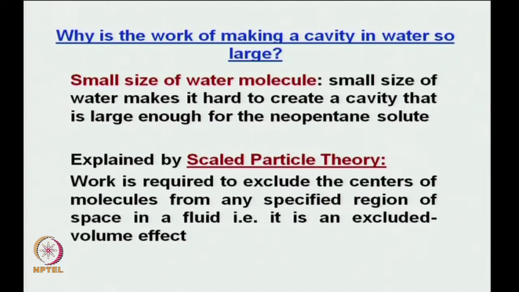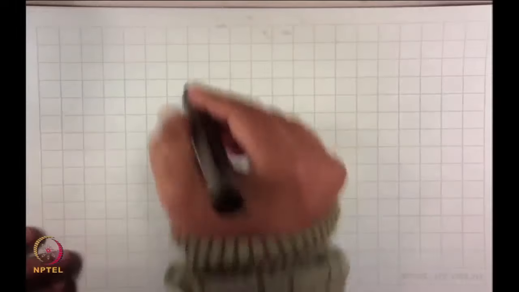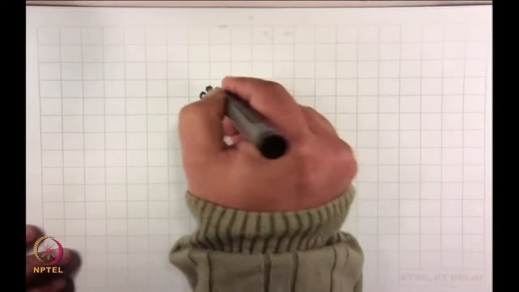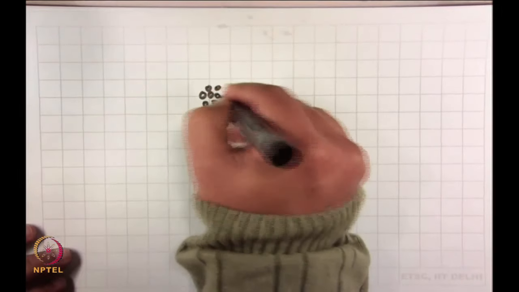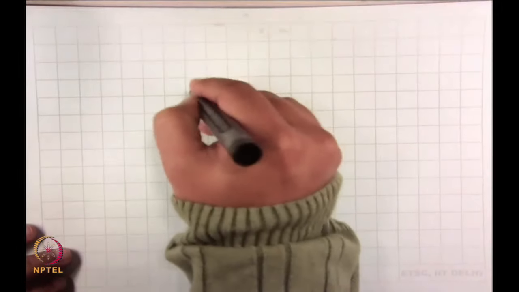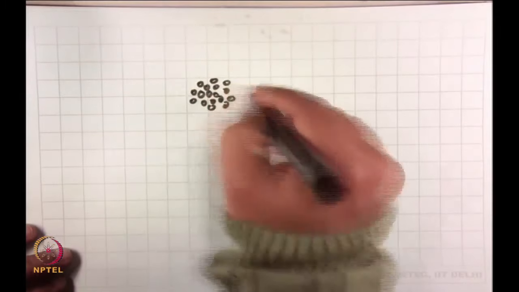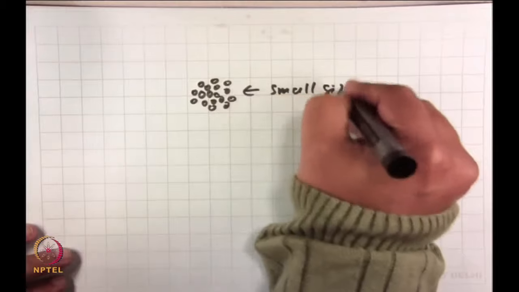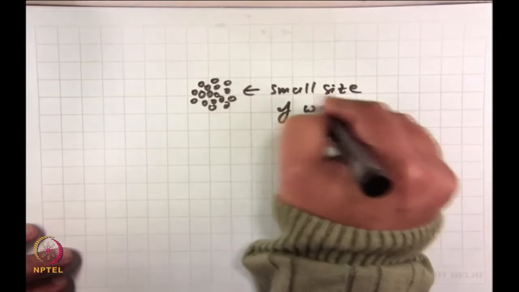The first reason is the small size of the water molecule. Now, what will happen if you have a small size? If I can give you a schematic, suppose these are water molecules, and the size is very small. This is the small size of water molecules.